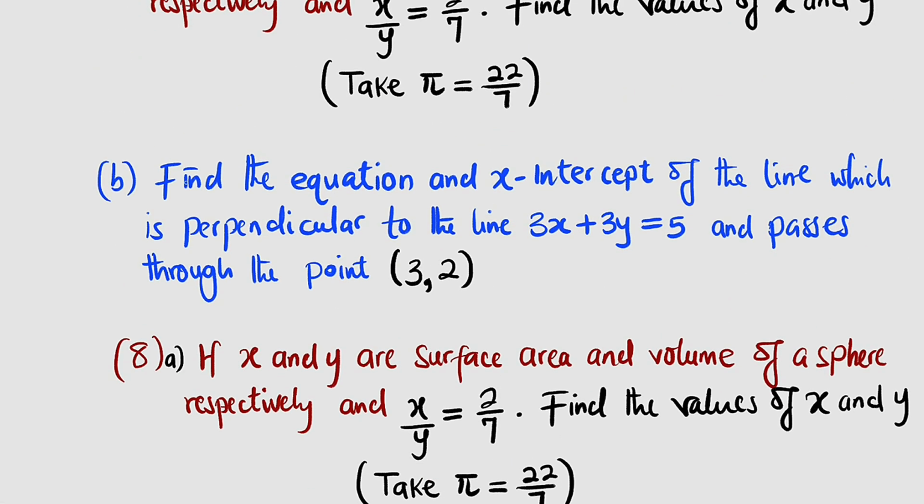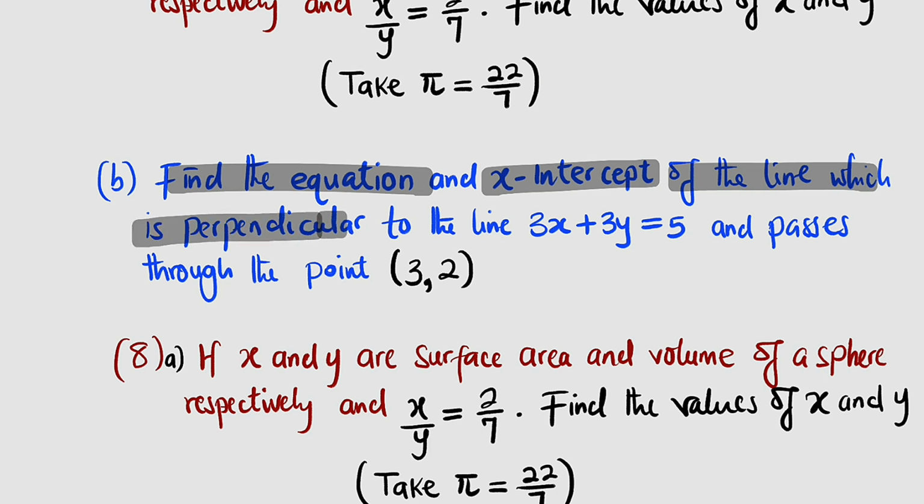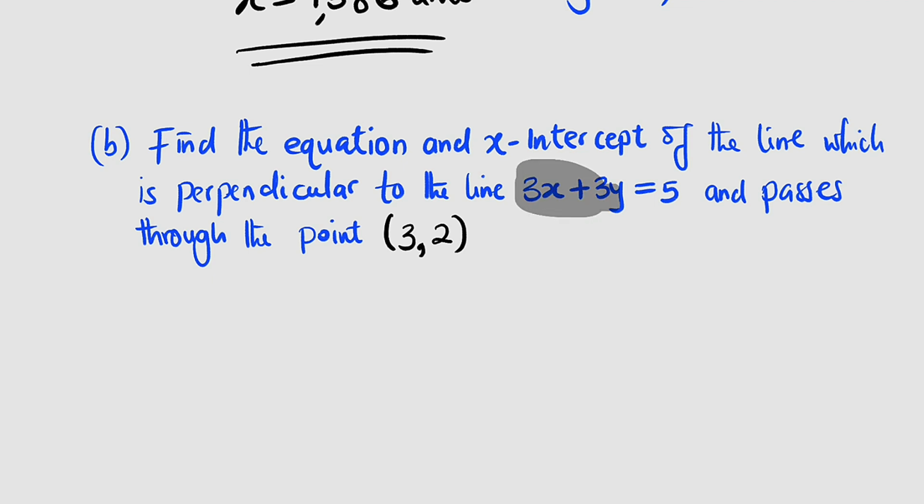The B part states that we should find the equation and x-intercept of the line which is perpendicular to the line 3x plus 3y equal to 5 and also passes through the point (3, 2). All right, this is not the equation we are looking for, but that equation is said to be perpendicular to this equation. So first of all, let us arrange this equation in slope-intercept form. So 3x plus 3y equal to 5.